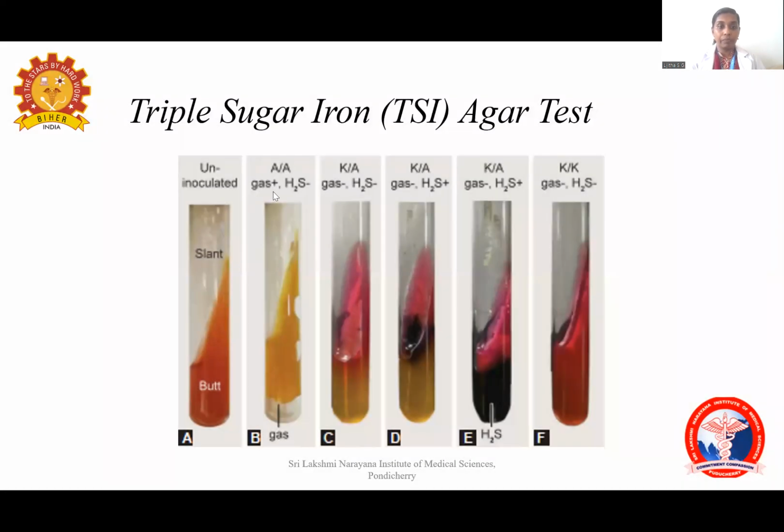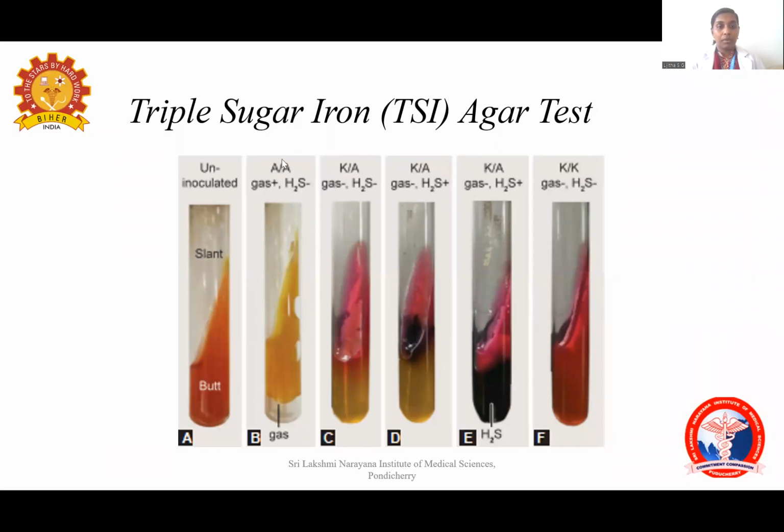So these are the various reactions you can expect in a triple sugar iron agar media. This first one shows the uninoculated media. This will be the color of the uninoculated media, and it is poured as a butt as well as a slant. So first one is A by A, gas plus, H2S minus.